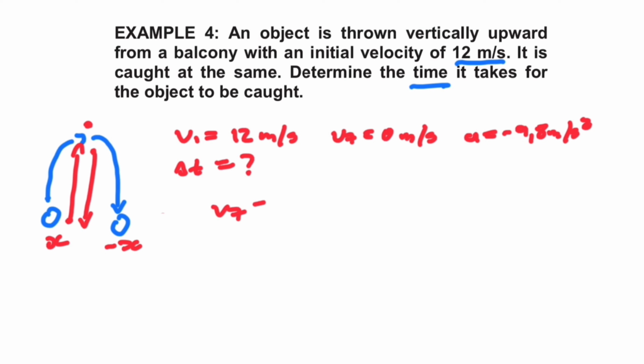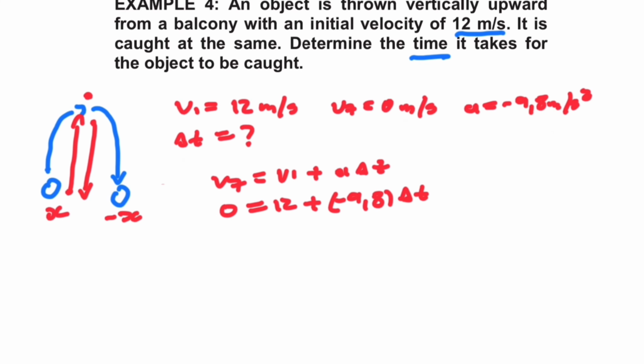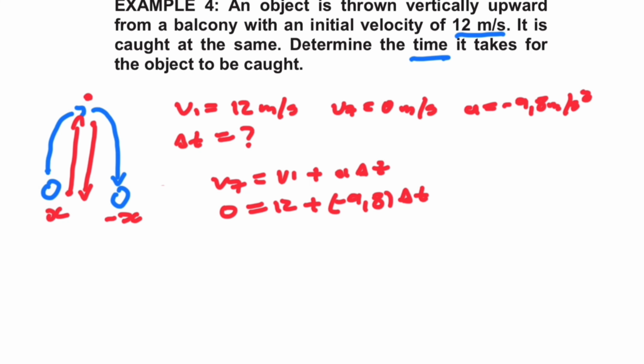So with these four variables, which equation can we use? Vf is equal to Vi plus a delta t. So let's take a look. Vf is 0, Vi is 12, plus the acceleration, which is minus 9.8 multiplied by delta t. If we take 12 to the left-hand side, we're going to have minus 12 being equal to minus 9.8 multiplied by the change in time.